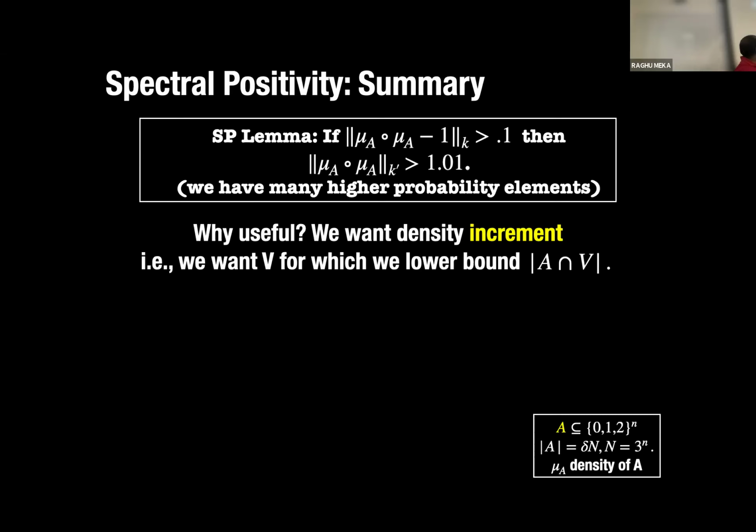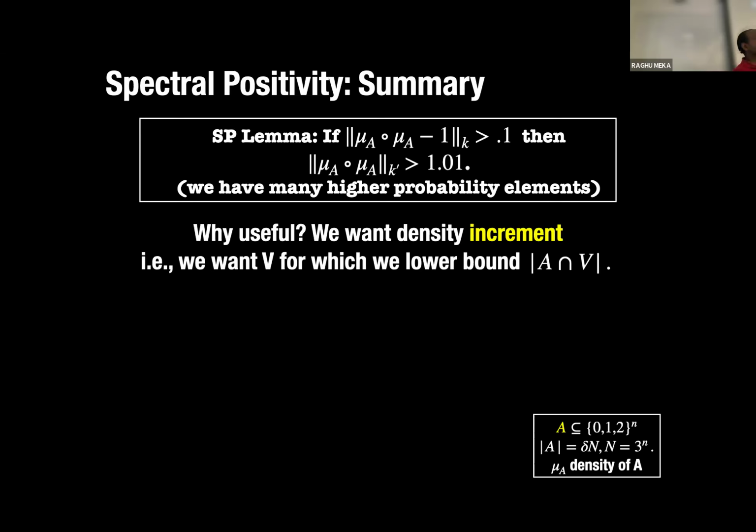You might wonder why this switch from underestimation to overestimation error is so important. And it was actually important. Historically, I don't think this has been used in other proofs in this area before. Conceptually, it's very useful because recall what our goal is. Our goal is to say that if I'm not close to uniform, then I want density increment. I want to find a subspace where I have more elements than before, right?